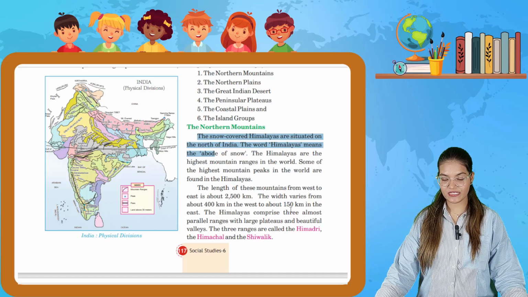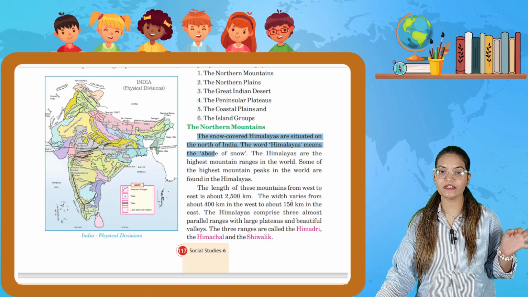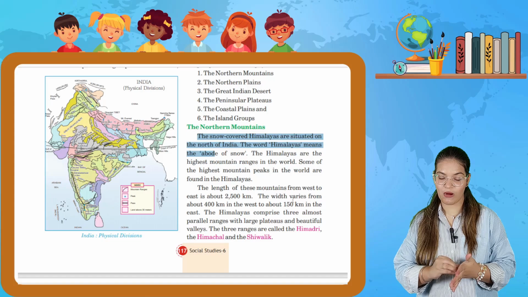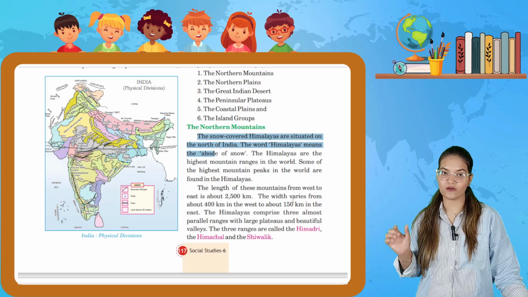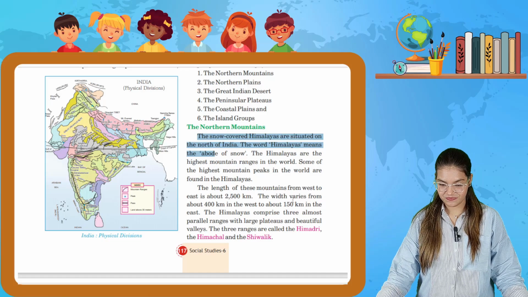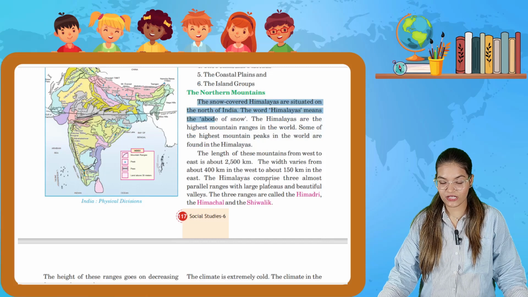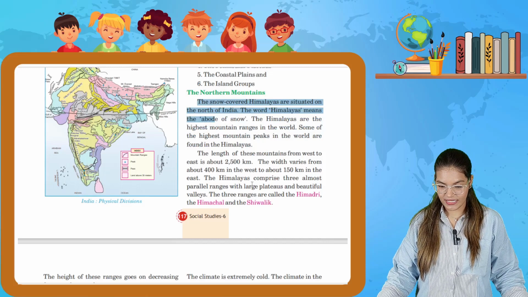The length of these mountains from west to east is about 2500 kilometres. The width varies from 400 kilometres in the west to about 150 kilometres in the east.